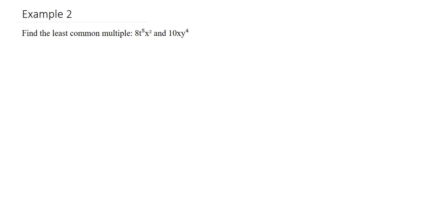So example 2, we're going to find the least common multiple between these two terms. We have 8t to the fifth x squared, and 10x y to the fourth. Well, let's just ignore the numbers for right now. We will have to come back and find the least common multiple between those two numbers. But we're going to look at t to the fifth, x squared, and x y to the fourth.